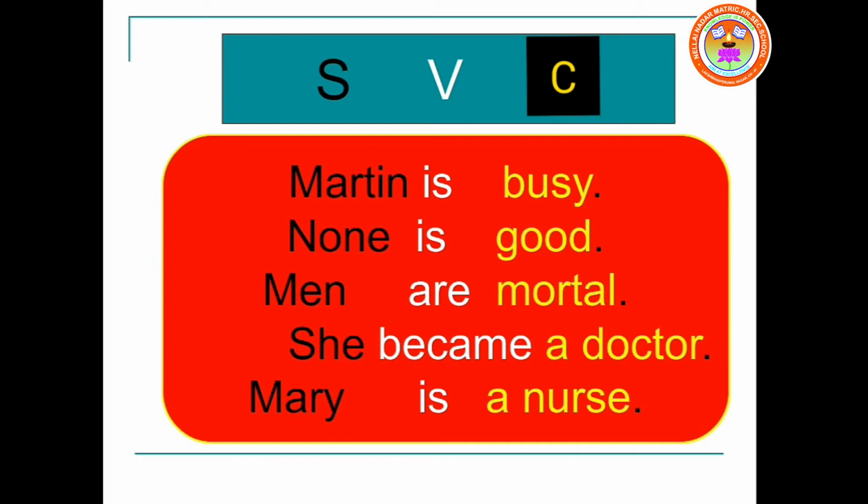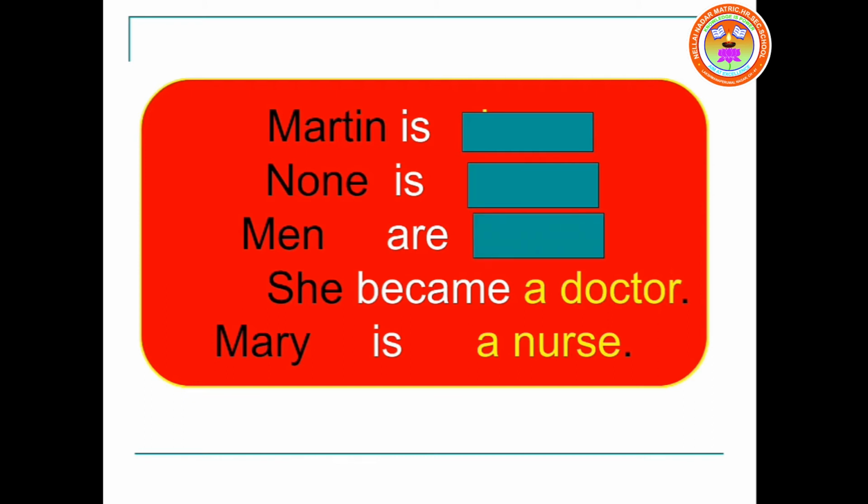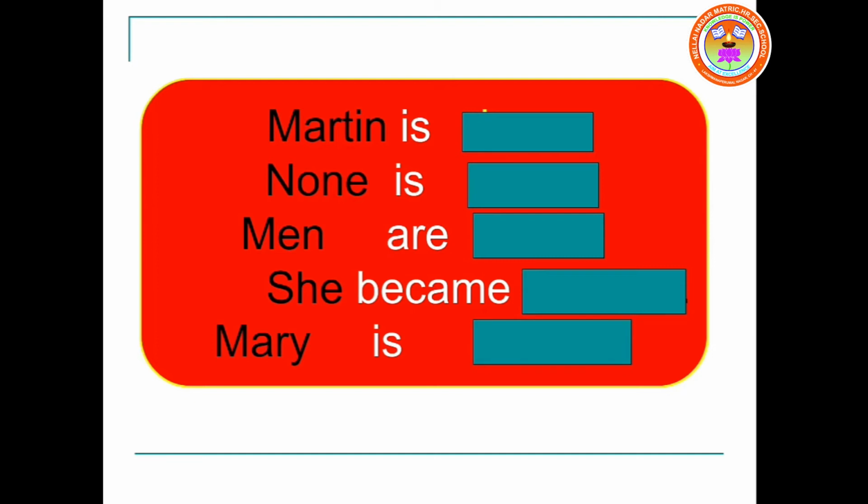Complement words come after the linking verbs is and become. Without the words busy, good, mortal, a doctor, a nurse, these sentences won't give complete meaning. So, these are complements.